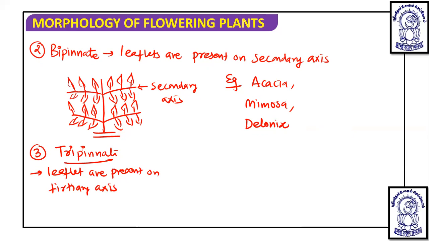Tertiary axes are nothing but the branching of the secondary axis. So suppose this is the primary axis, this is the secondary axis, and these are the tertiary axis. And if leaflets are attached over the tertiary axis, then it is known as tripinnate.